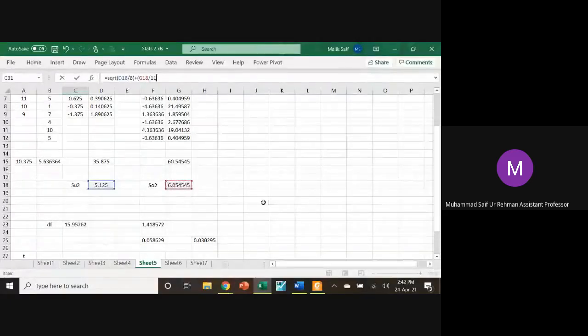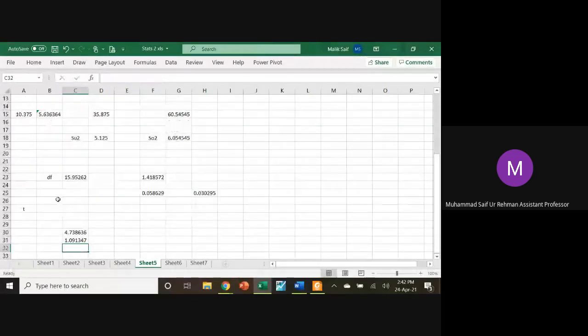These are the braces for the square root, because you have to take the square root of these two terms, with braces around them. Then press enter. This is the value. Now come over here, press equal to, take this numerator and divide it by this value. See the answer. The answer is 4.342.